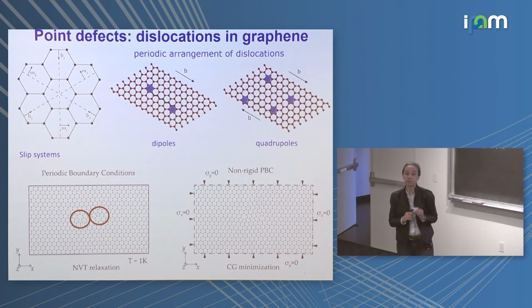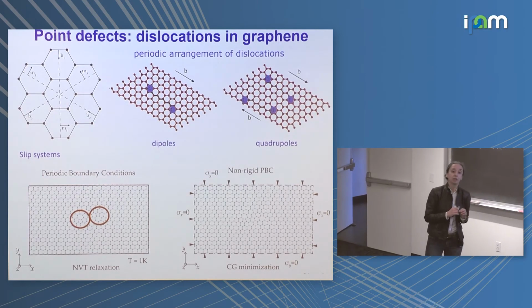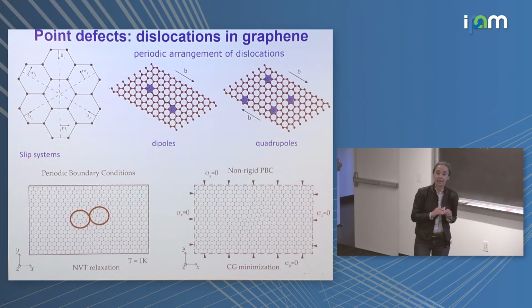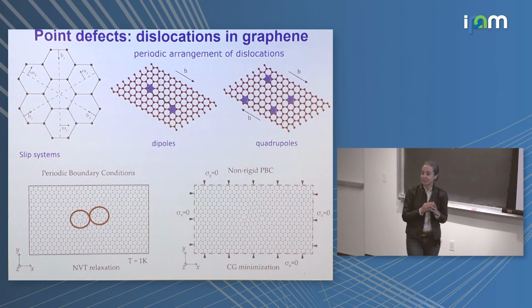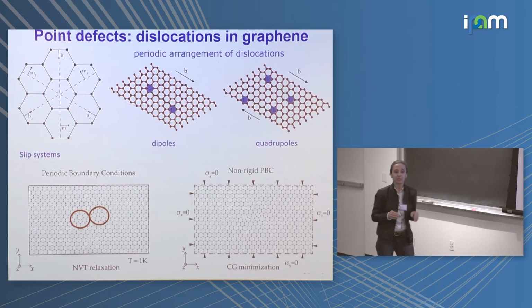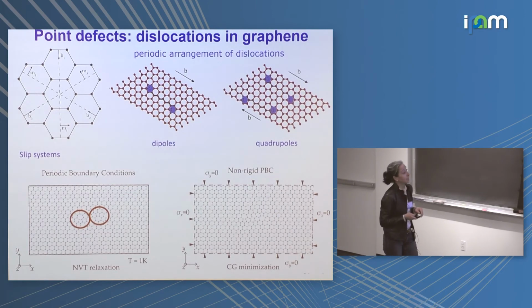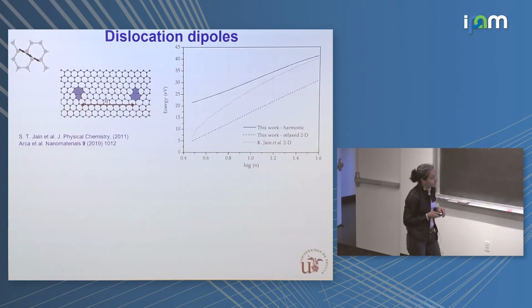Every time you have a 5-7 ring, you are going to have out-of-plane displacements. And you have to be careful, because the size of the cells is going to change. Otherwise, you are introducing some strain within the lattice, increasing the energy. So this is not giving you the right configuration.